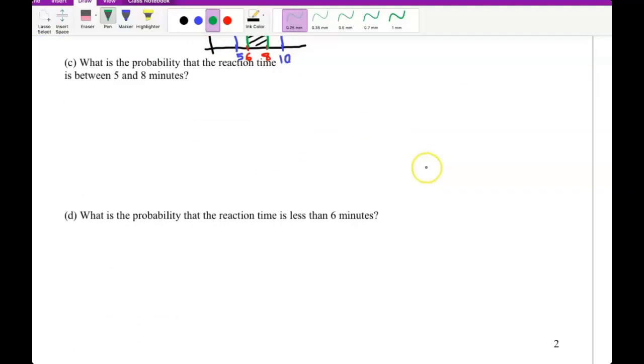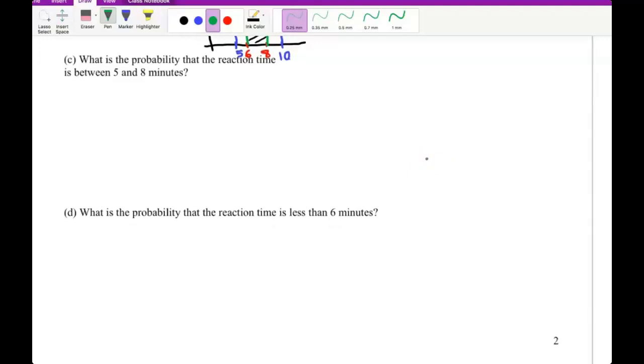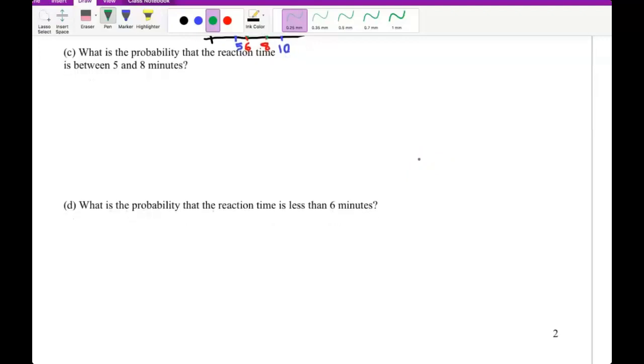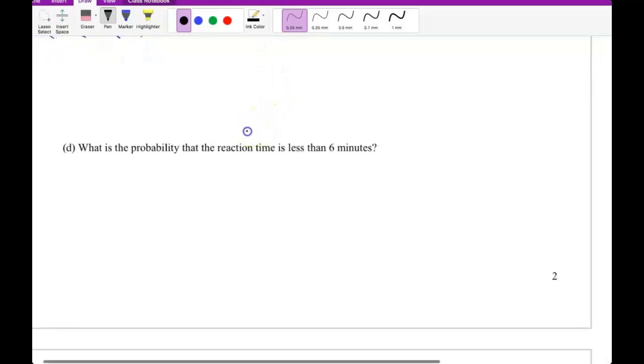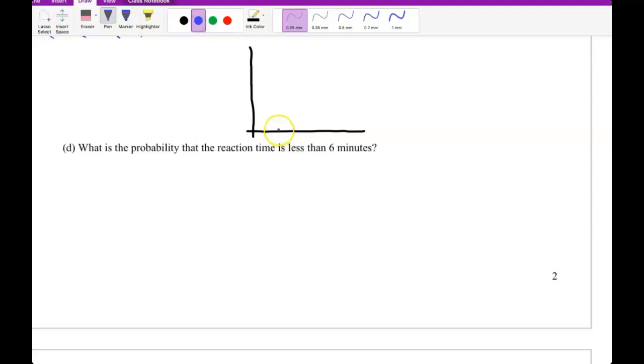Now part C, what is the probability that the reaction time is between 5, 8? Exactly same as the previous part. Now, area when X is between 5, 8. Okay, now drawing this one first. Here again, we have 5, 10.